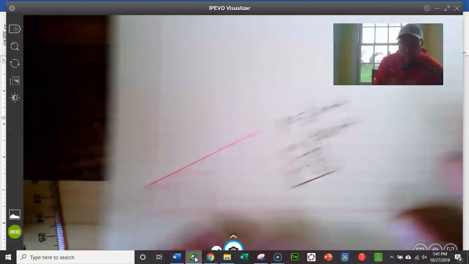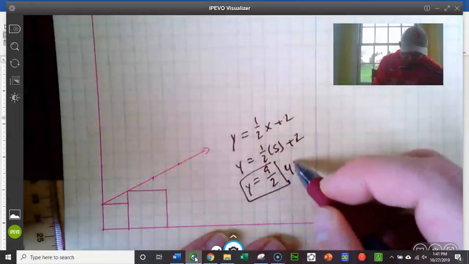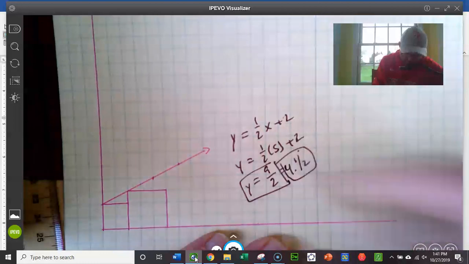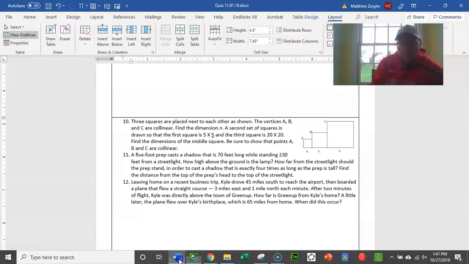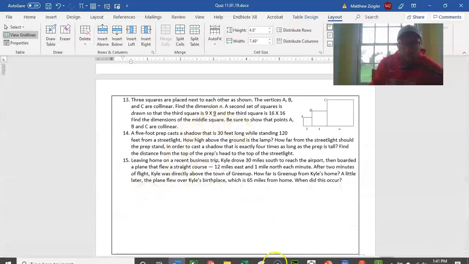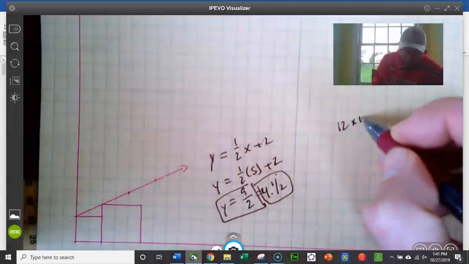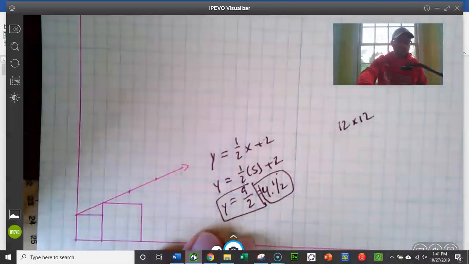So that's the size of the new square, which is 4 1/2. And come over here, what was it for this one? 9 by 9 and 16 by 16. So it's going to be a 12 by 12 square for the one that goes in between.